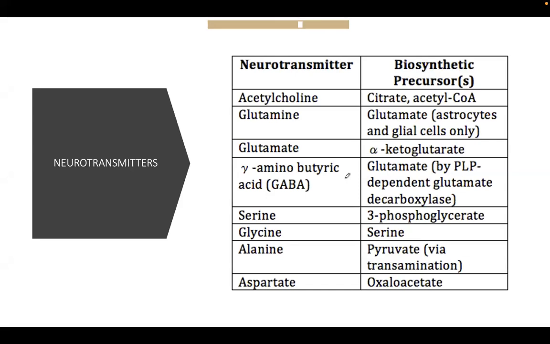Now here is another list of the neurotransmitters with their corresponding biosynthetic precursors. What I want you to memorize are the following. Glutamine, the precursor is glutamate. Glutamate, the precursor is alpha-ketoglutarate.